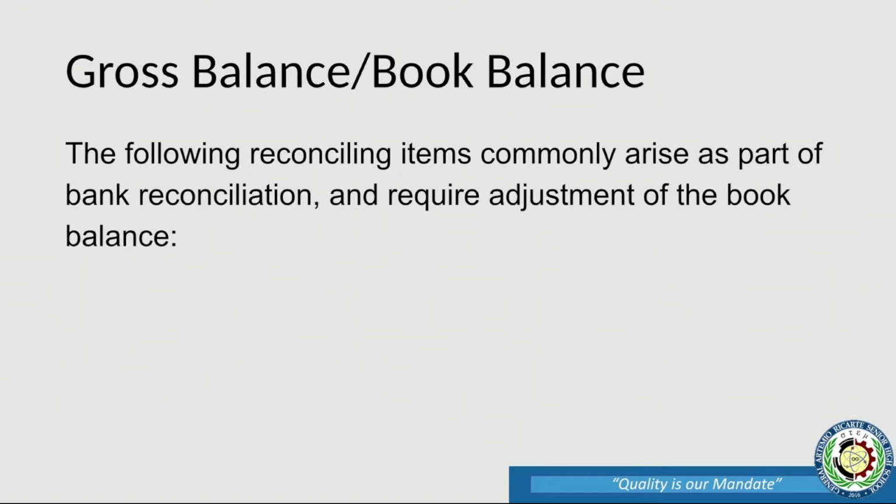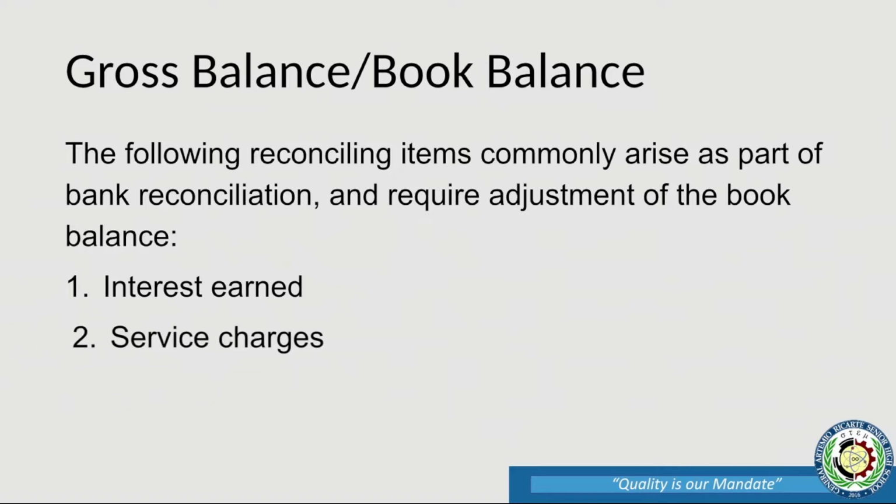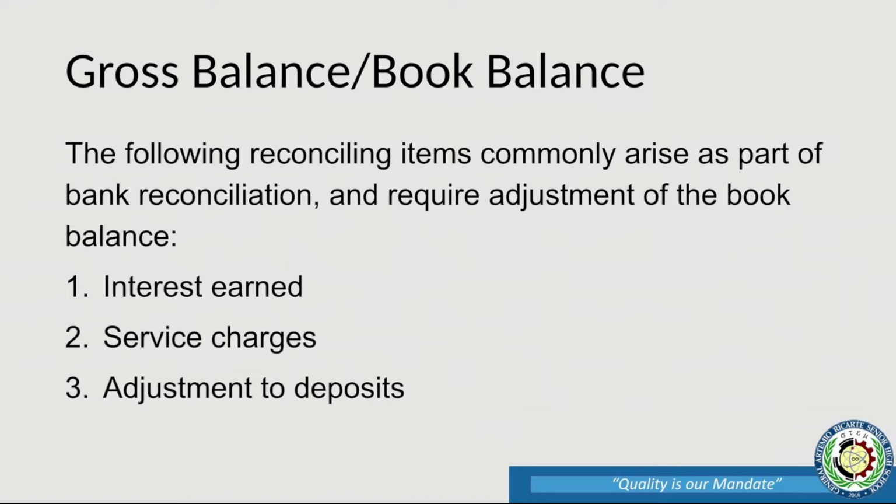The following reconciliation items commonly arise as part of the bank reconciliation and require adjustment of the book balance. The first is the interest earned, the second is the service charges, the third is the adjustment to deposits, and the fourth is adjustment to checks.